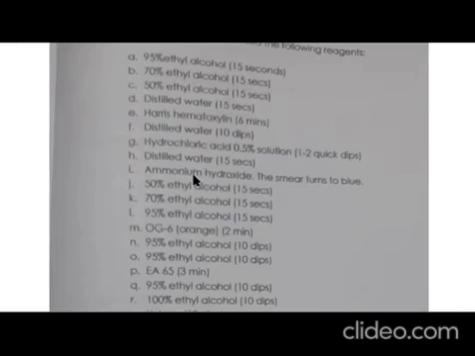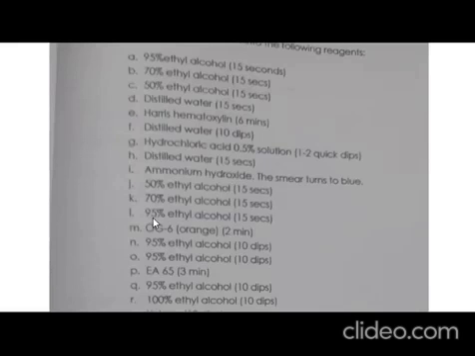Okay? Now, after subjecting it to ammonium hydroxide, you proceed now to the increasing grades of alcohol. So, obviously, increasing na po grades yung alcohol dito. So, ang main goal natin is to dehydrate the cells.